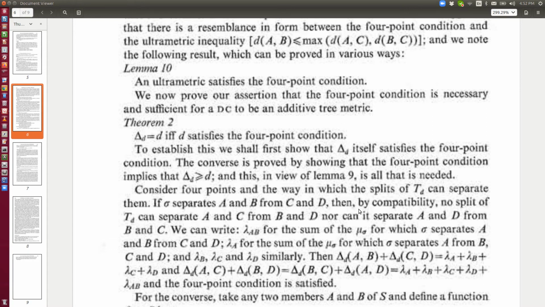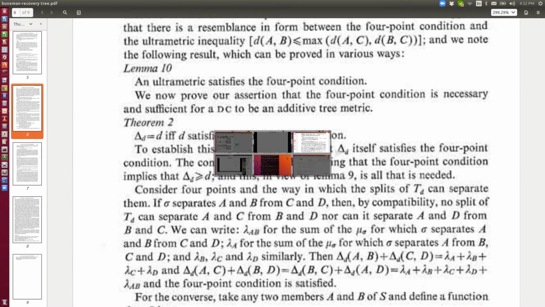So of course I need to specify what the 4-point condition is first, and also maybe a quick review of what we have. So we have this Buneman construction, and we had several videos basically showing that any tree can be constructed with this Buneman construction.